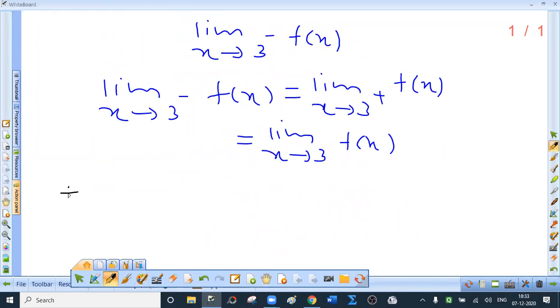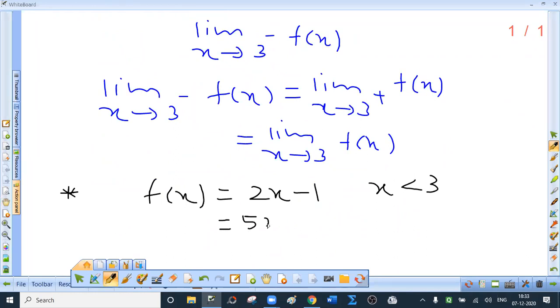Suppose the function is defined like this. f(x) is 2x minus 1 for x less than 3, and 5x minus 10 for x greater than or equal to 3.